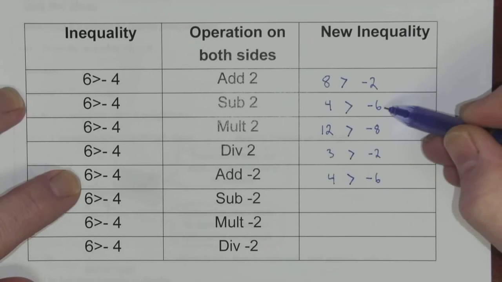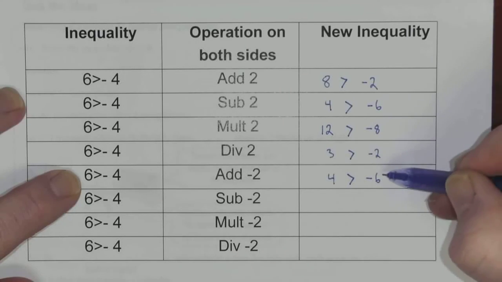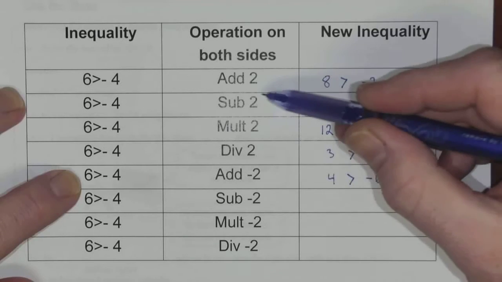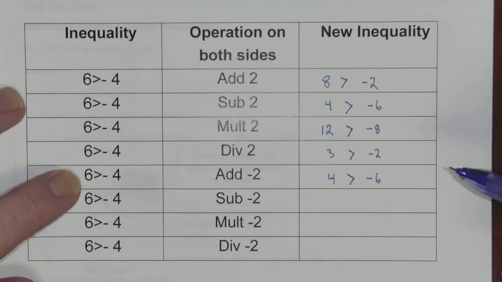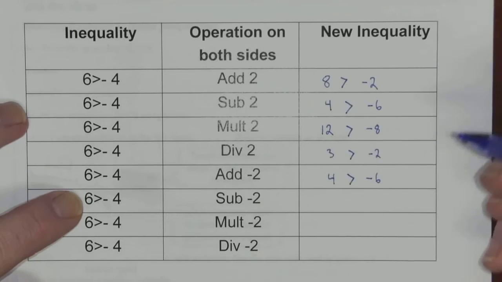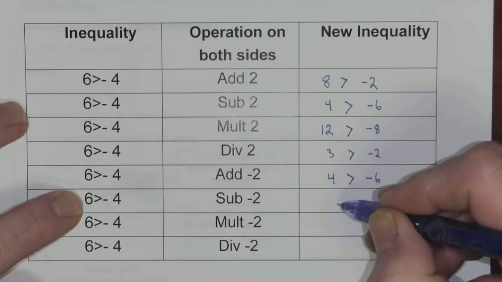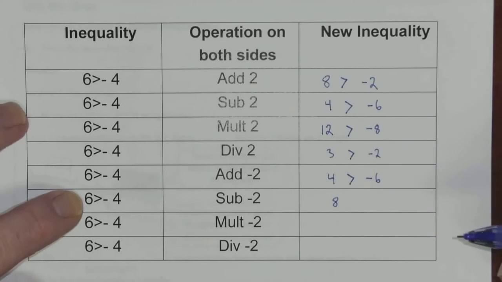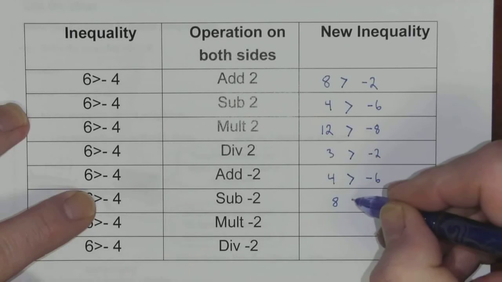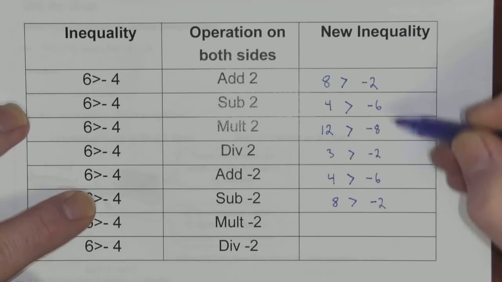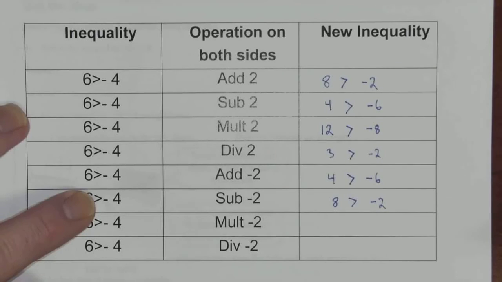And you'll see that it has the same new inequality. It has the same effect as subtracting 2, which, adding -2, subtracting 2, logically it's the same thing. If you're going to subtract -2, then 6 minus -2 becomes 8. -4 minus -2 becomes -2, and still the sign does not change. So that's like adding 2. It has the same result.